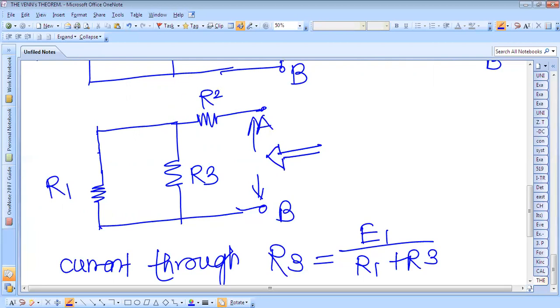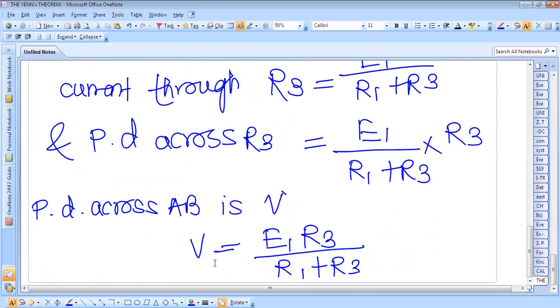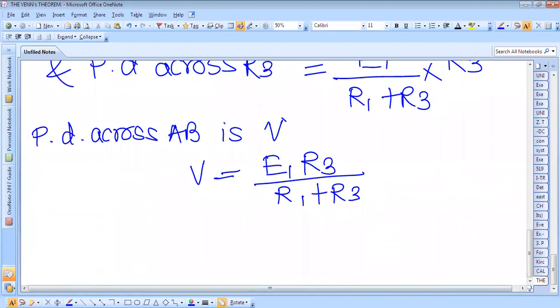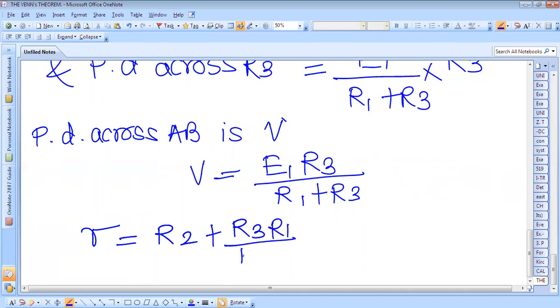Therefore, the internal resistance viewed from the open circuit terminal is R2 plus R3 into R1 by R3 plus R1. This is the internal resistance we have to view from the circuit.